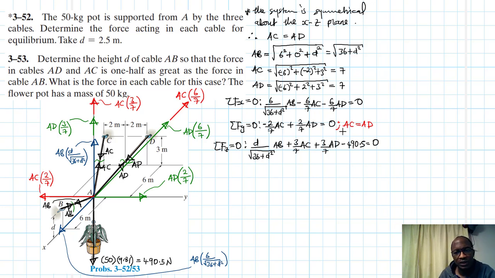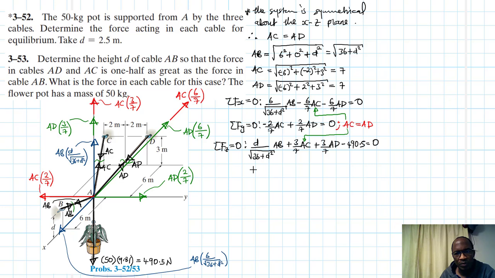So if this is the case, then we can replace this here and replace this one there, and then solve these equations simultaneously. Let's do so.